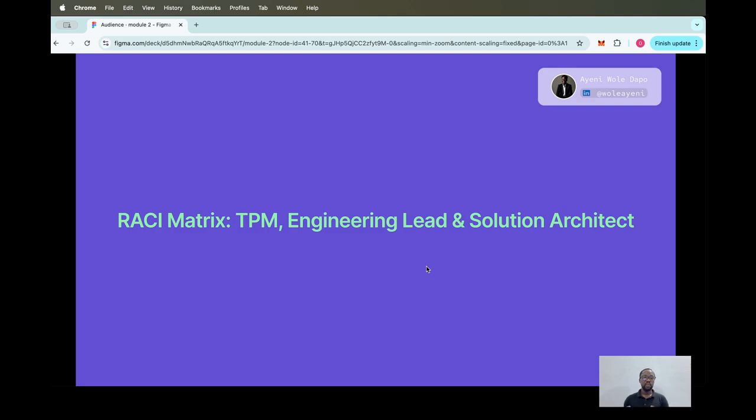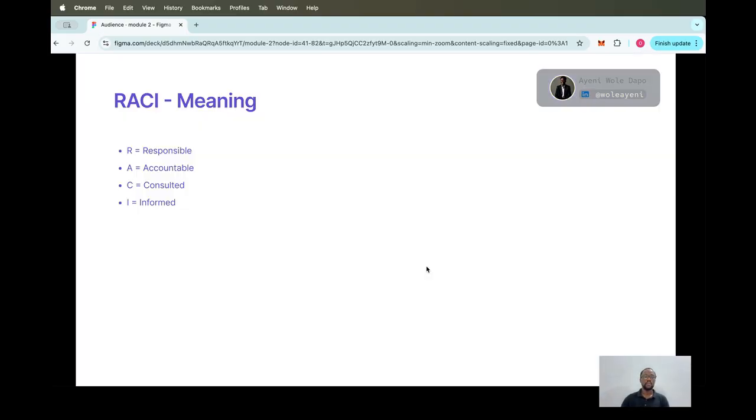To make this extremely practical, we will be looking at the RACI matrix of both teams, how they interact, who is responsible for what, who is accountable for what, who should be consulted and who should be informed around certain areas of development. Let's start by defining what RACI means.